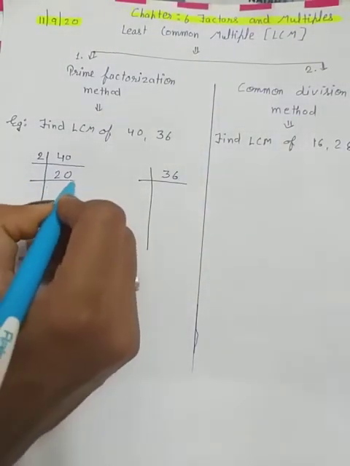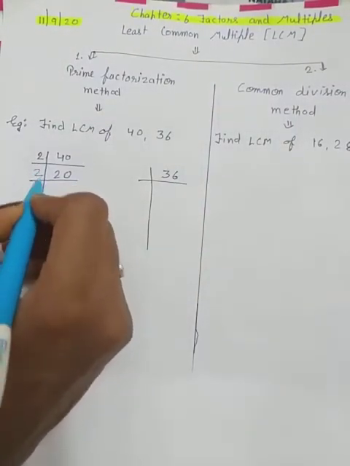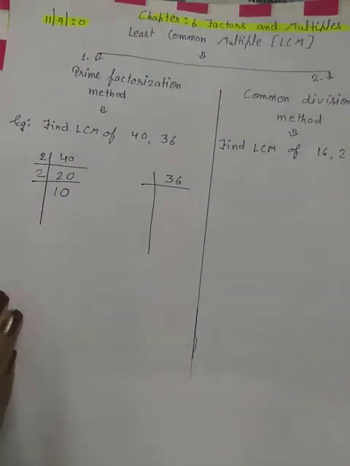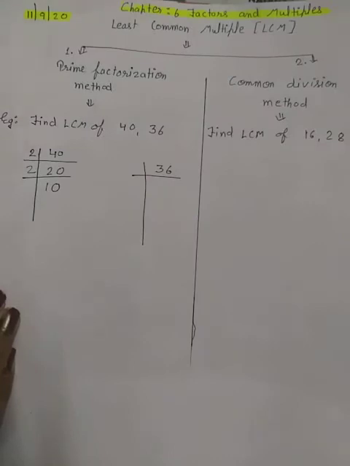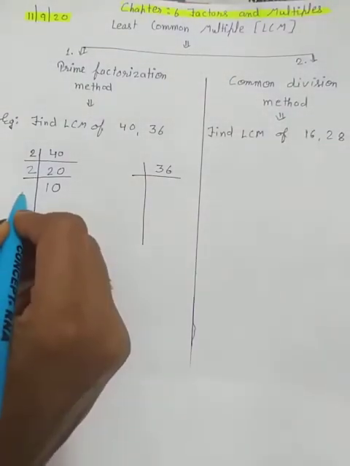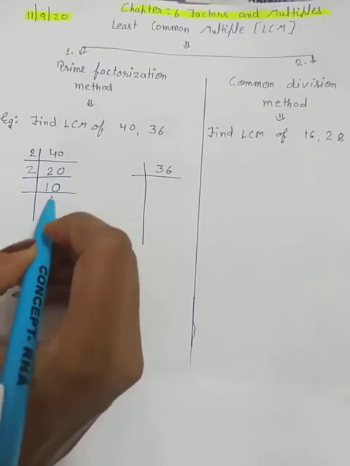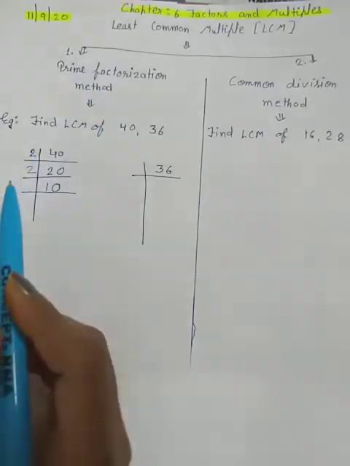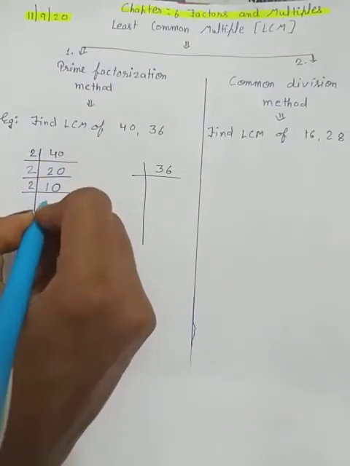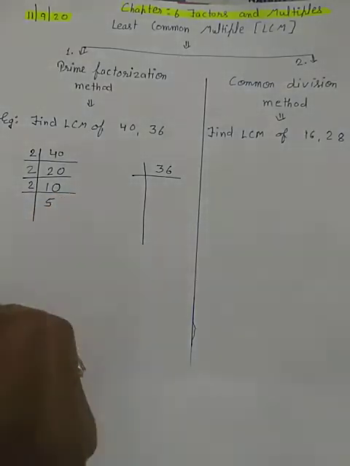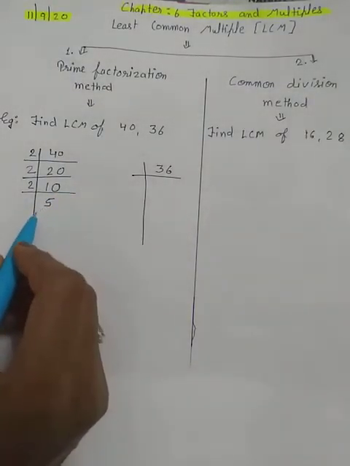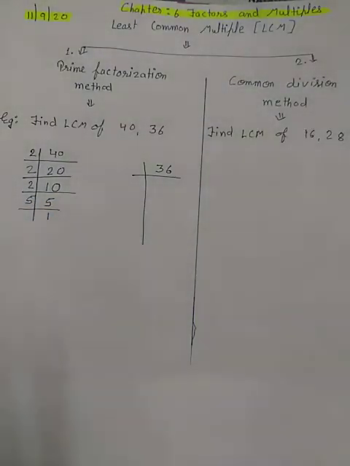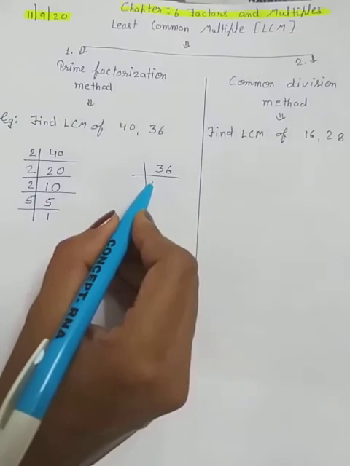Again we can divide by 2. 2 ones are 2 and 0. Next, divide by the smaller prime number, because we are doing the prime factorization method. 2 fives are 10, and 5 can be divided by 5. 5 ones are 5.